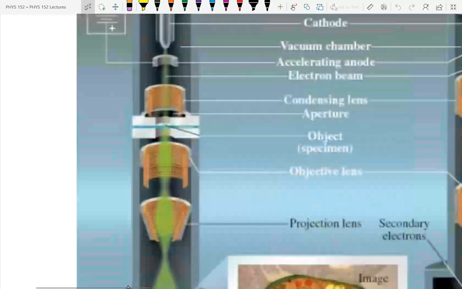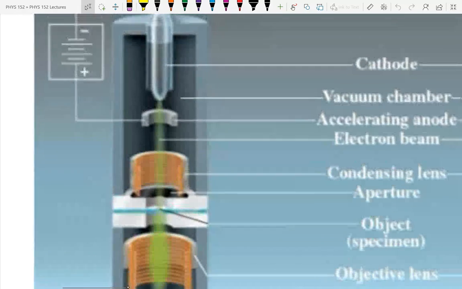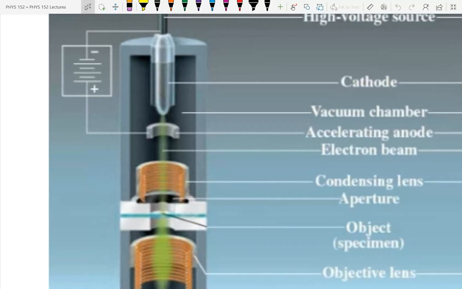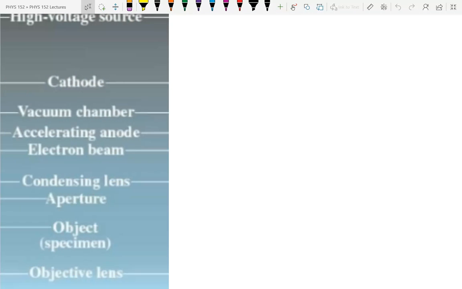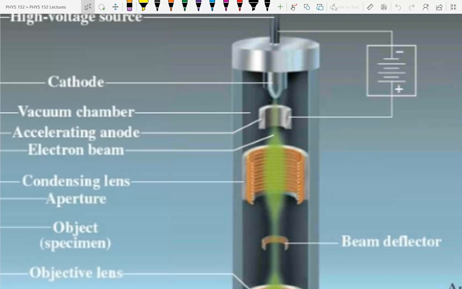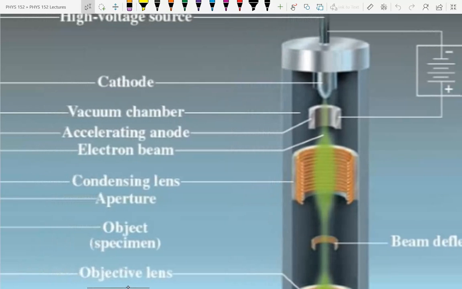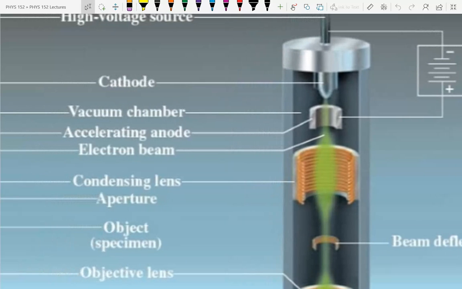Something else that's interesting to note, you need lenses. So you have a cathode that's emitting the electrons. And then you have a coil here, because that coil is going to create a magnetic field, and that magnetic field is going to cause moving charge to have a force.